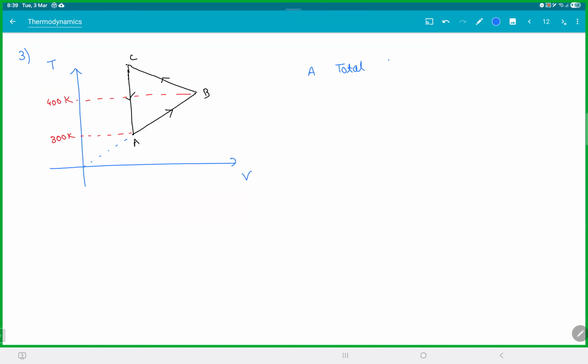A total of 1000 joules of heat is withdrawn from a gas in a complete cycle, meaning in this entire process, you have removed 1000 joules of heat. So find the work done in the process B to C.